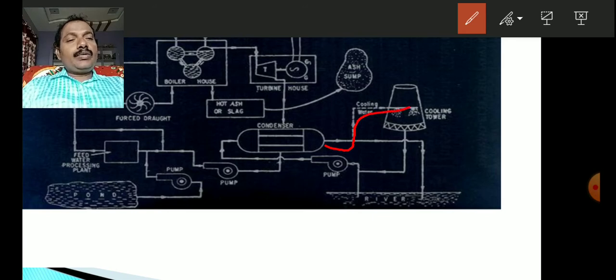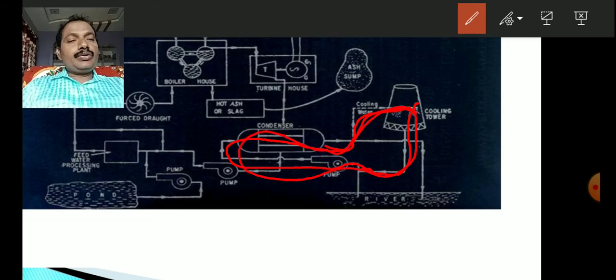In the cooling tower it is cooled down and circulated through the pump into the condenser like this. So this is a continuous process. So this is the fourth circuit available to us.